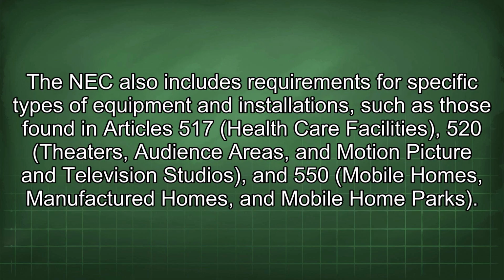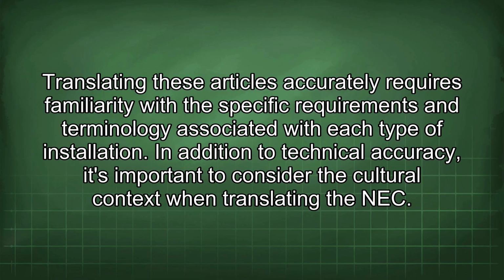The NEC also includes requirements for specific types of equipment and installations, such as those found in Articles 517 healthcare facilities, 520 theatres, audience areas, and motion picture and television studios, and 550 mobile homes, manufactured homes, and mobile home parks. Translating these articles accurately requires familiarity with the specific requirements and terminology associated with each type of installation.